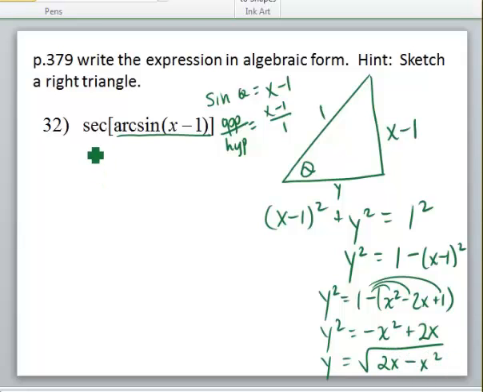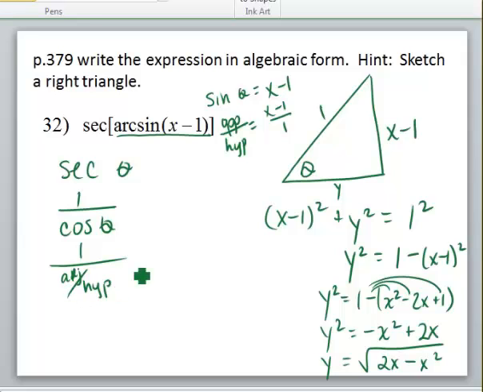Coming back up here, then I have the secant of theta. The secant of theta would equal 1 over the cosine of theta. 1 over the cosine is 1 over adjacent over hypotenuse. So if I look at my picture, adjacent would be the y.